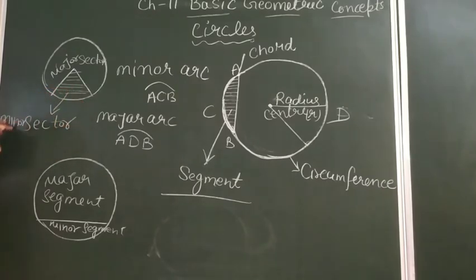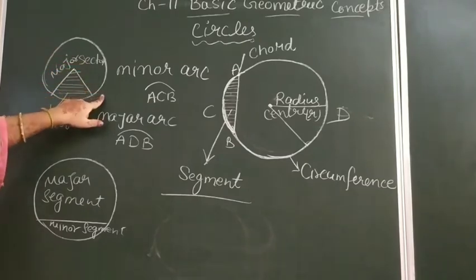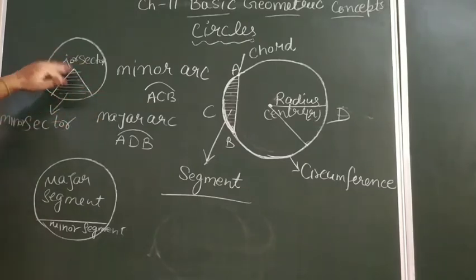This is your minor sector because this is a smaller part of the circle, and this is your major sector because this is the larger part of the circle.